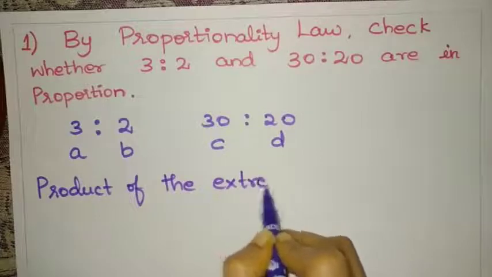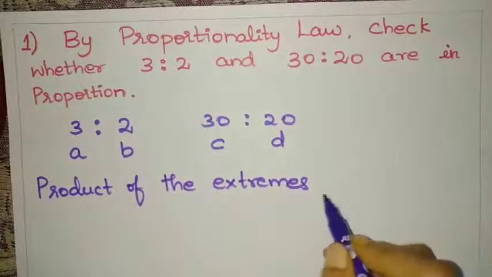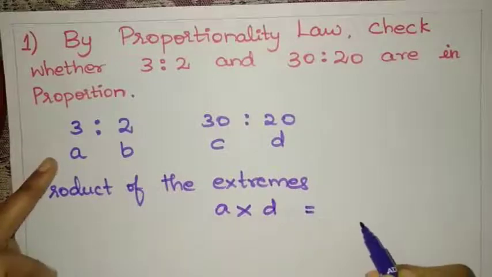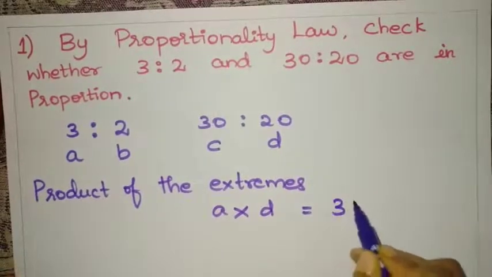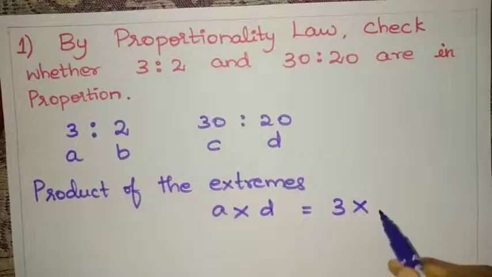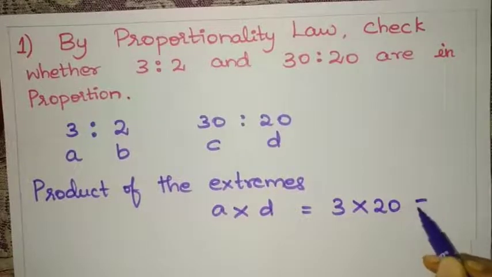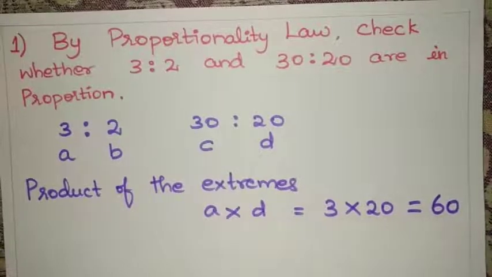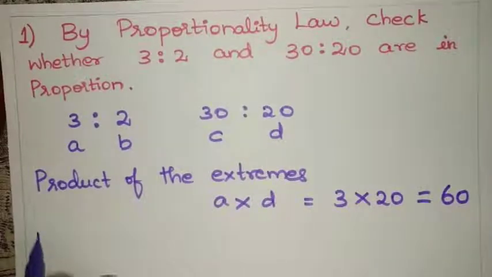Product of the extremes, tell me. A into D. So what is A? 3. What is D? 20. So 3 into 20, 3 2s are 6 and 3 into 0, 0. Now let us find product of the means.